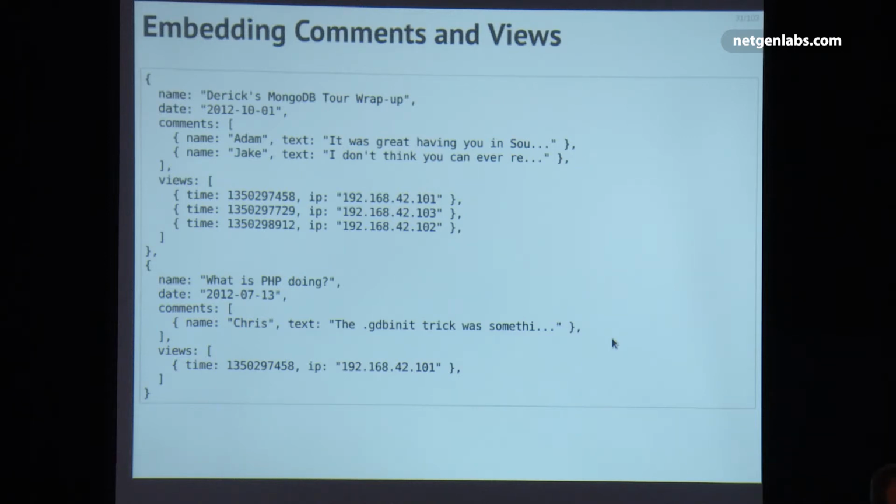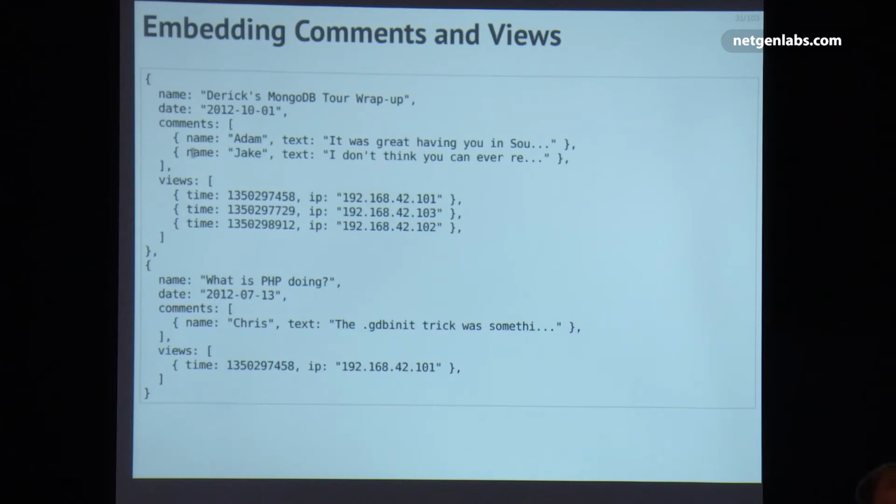On my blog, the most amount of comments I've been getting is about 15. That's not a lot. How many views some of the articles are getting is something totally different. It's in the thousands or in the 10,000 sometimes. Which means that this views array keeps getting larger and larger, up to the point where you might actually run into the document limitation of 16 megabytes. With the comments, I don't really have that problem because it's so little text that it doesn't really matter to me.